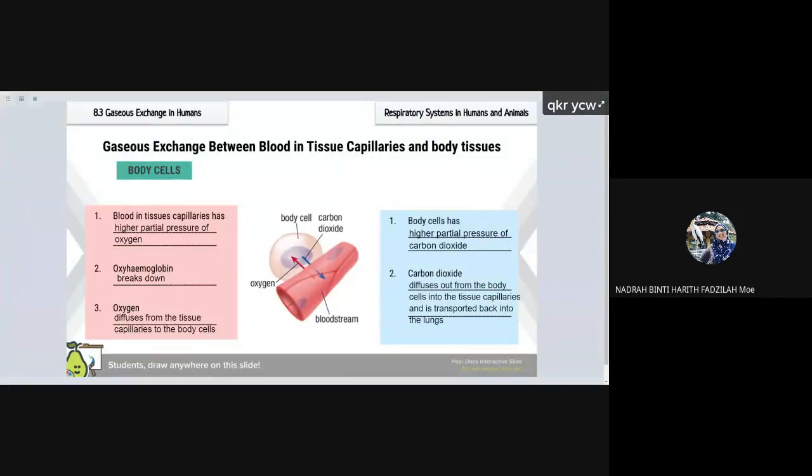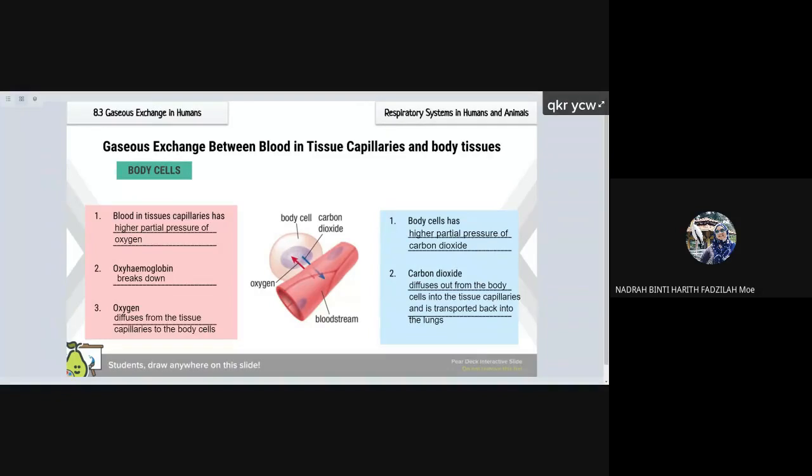Blood in tissue capillaries has higher partial pressure of oxygen compared to the body tissue or body cell. Therefore, detecting this, oxyhemoglobin breaks down to release oxygen molecules. When oxygen molecules are released, then comes step number 3: oxygen diffuses from tissue capillaries into the body cells.